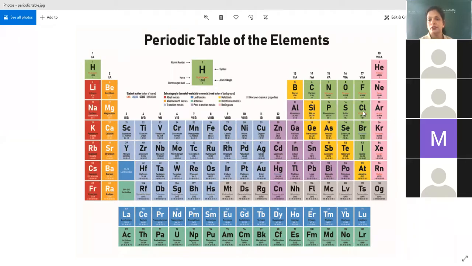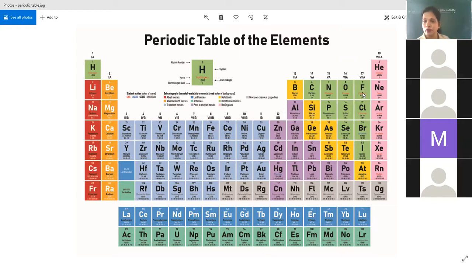So the coming electron will not experience any repulsion, only attraction is there. So chlorine takes one electron very easily. That means the amount of energy released in the case of chlorine is more than the amount of energy released in the case of fluorine.